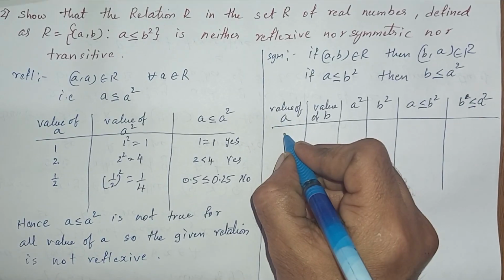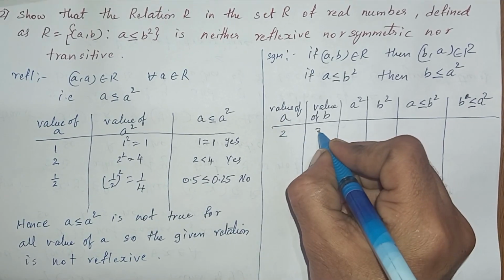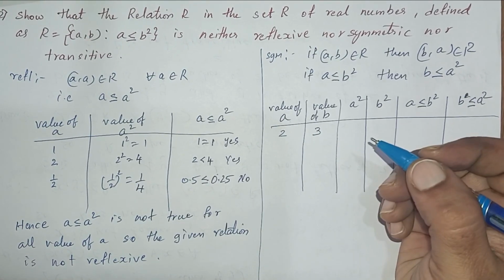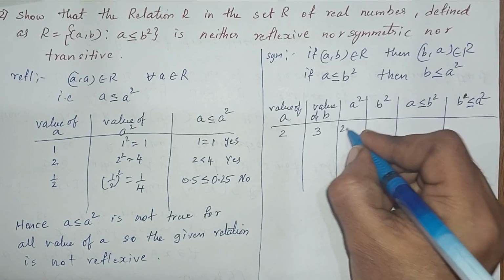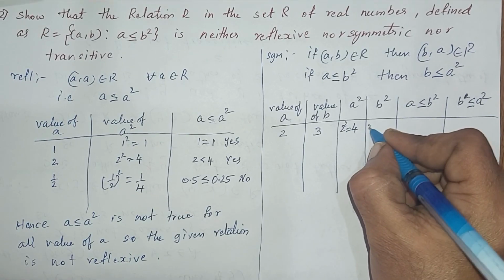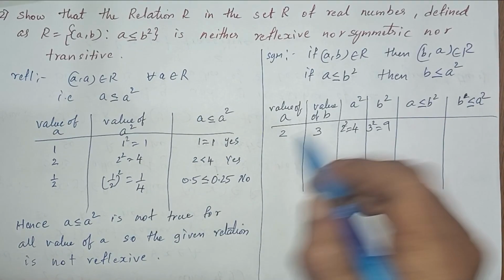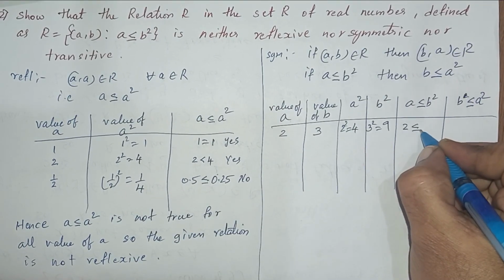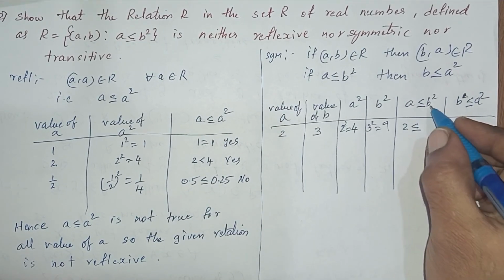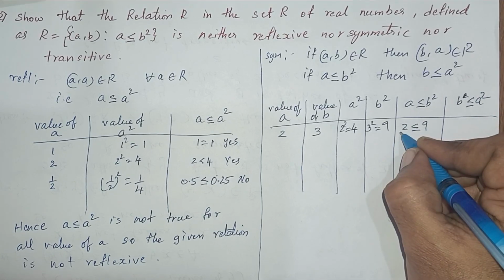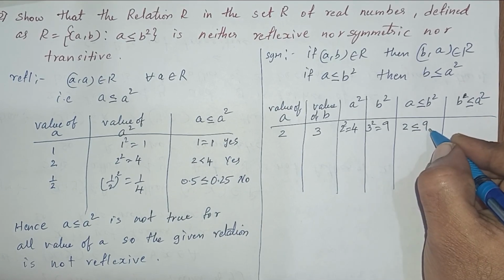First, if I take the values 2 and 3, then 2 squared will be 4 and 3 squared will be 9. Here a is 2, and 2 is less than or equal to b squared, which is 9.